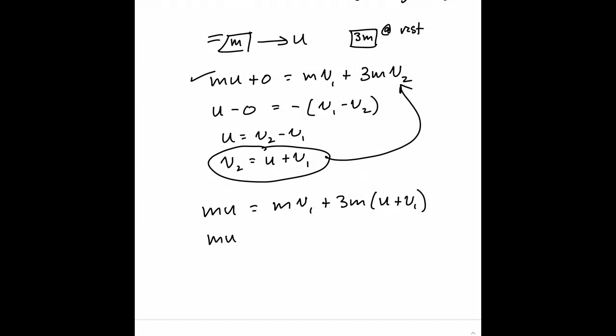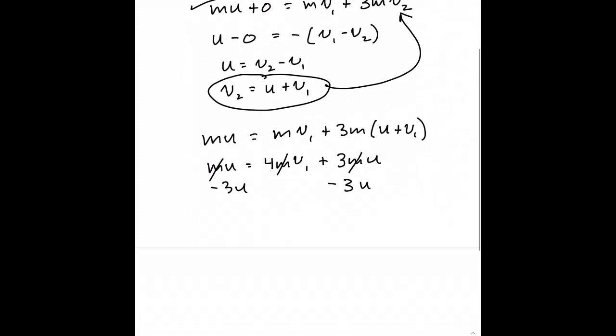So we have mu is equal to 4mv1 plus 3mu. Suppose at this point we can cancel out m in every term. If we subtract 3u from both sides of the equation, we find that negative 2u is equal to 4v1.